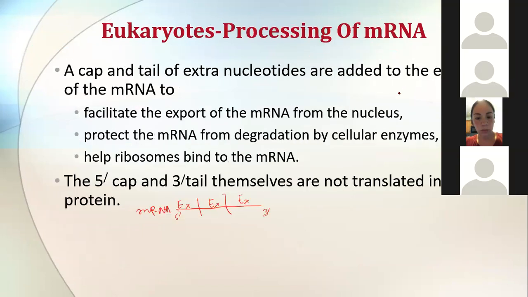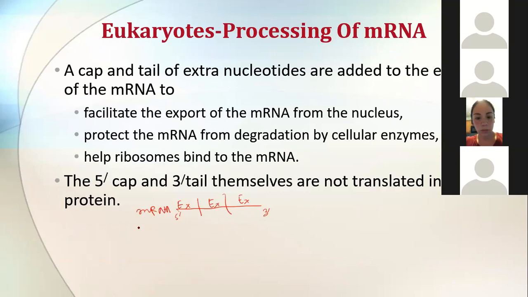Okay. Now, once this messenger RNA is ready to come out of the nucleus, remember that protein synthesis occurs inside the cytoplasm, and transcription occurs inside the nucleus because DNA always remains inside the nucleus.